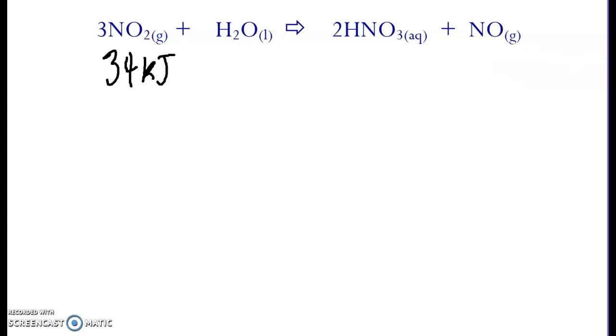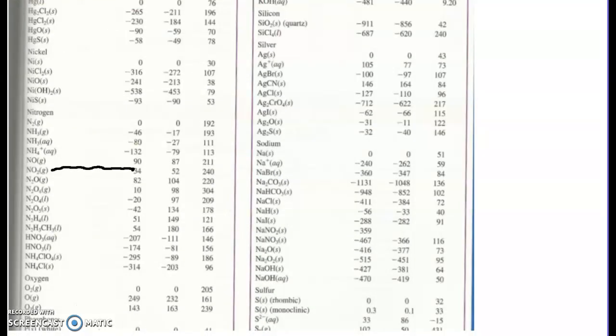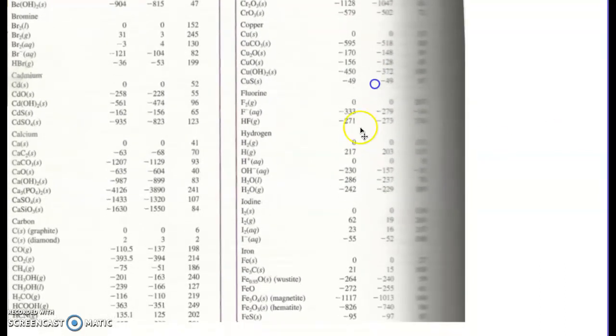Water in the state of matter of liquid. So come over here to the hydrogen, which should come before nitrogen. It is over here. Here we have hydrogen gas. Notice, I mentioned this before, the standard enthalpy of formation is 0 for all the elements. This is our baseline, our starting point so we can get these measurements.